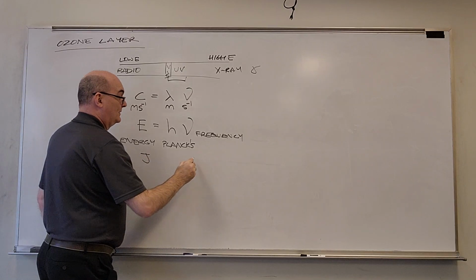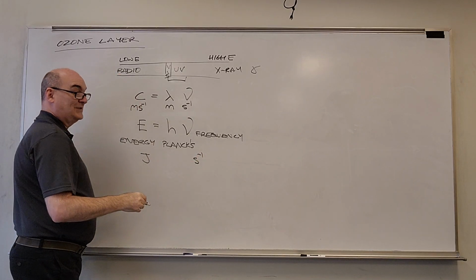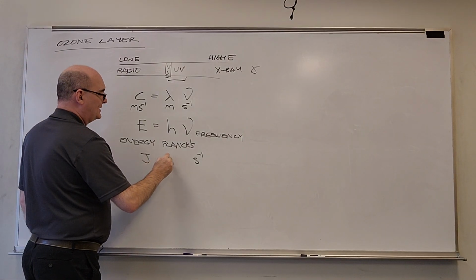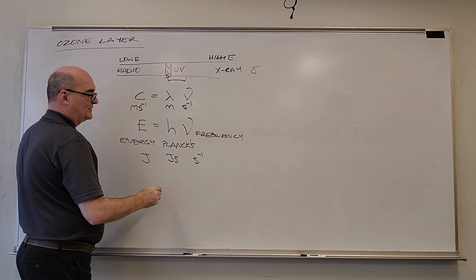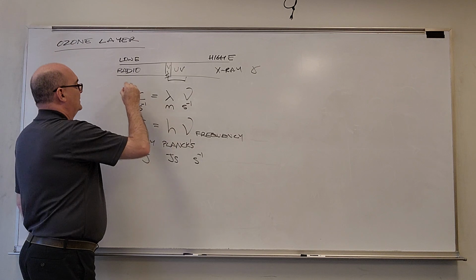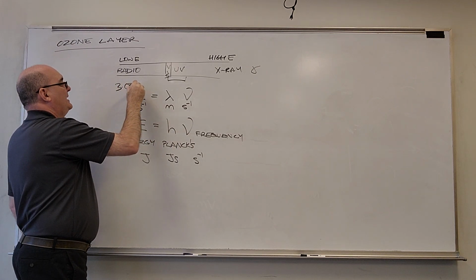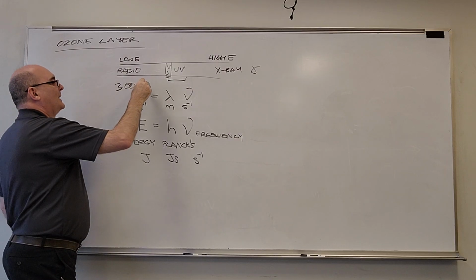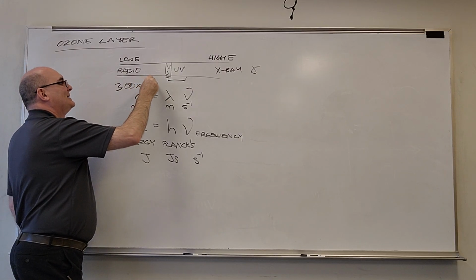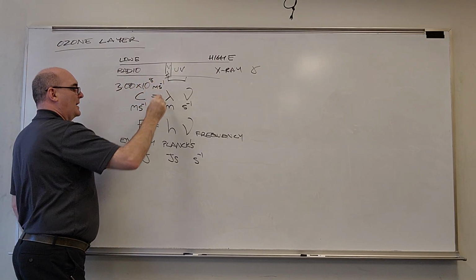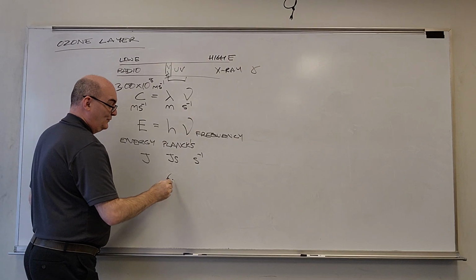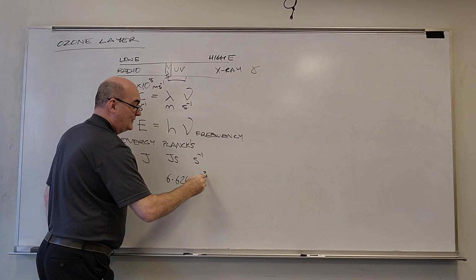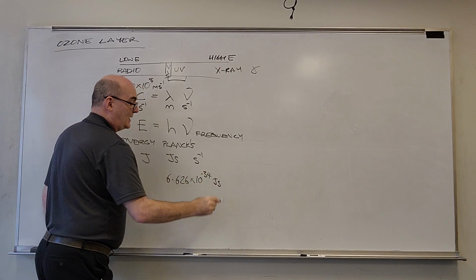Energy is in joules, frequency is in per second. Hertz is another way of saying cycles per second, which means that Planck's constant is in joule seconds. And c is 3 times 10, it's 2.99 something or other, 2.9979 times 10 to the 8 meters per second. And Planck's constant is really, really tiny: 6.626 times 10 to the negative 34 joule seconds.